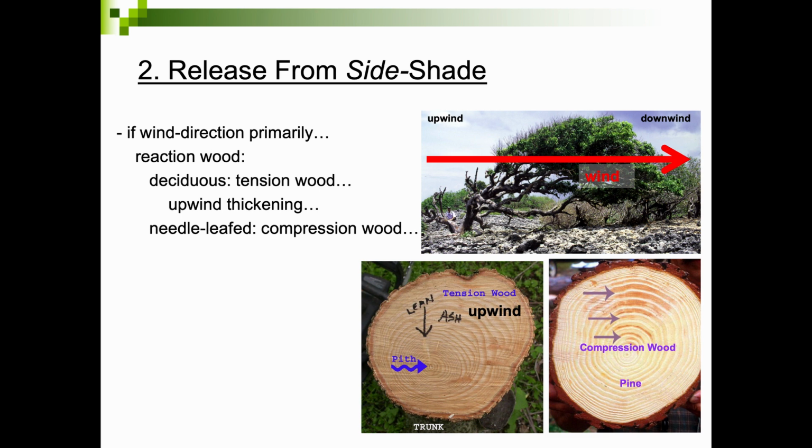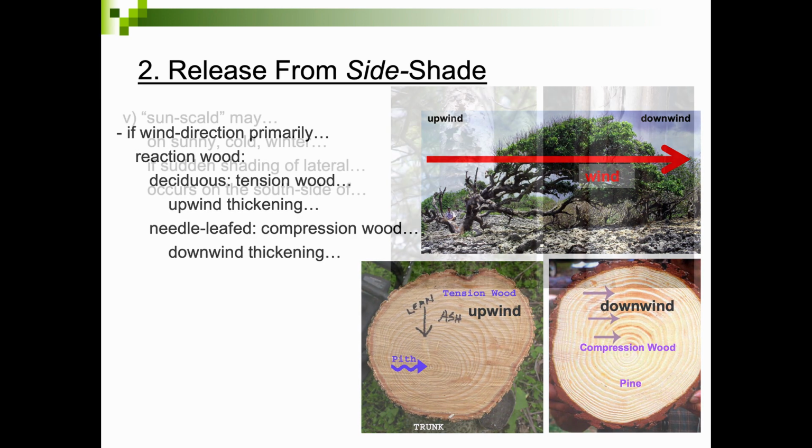A needle-leafed organism has compression wood. Again, this is review from last lecture series. Oppositely, a needle individual is going to put its compression wood on the downwind side, while the broadleaf tree is going to put its tension wood on the upwind side.